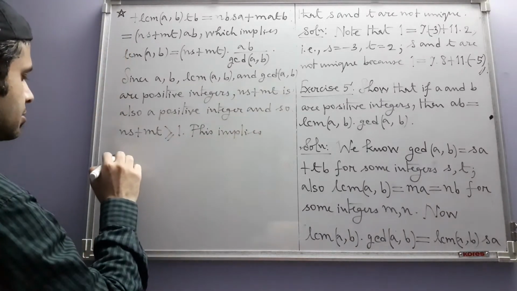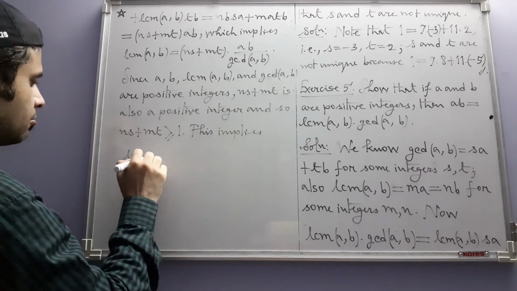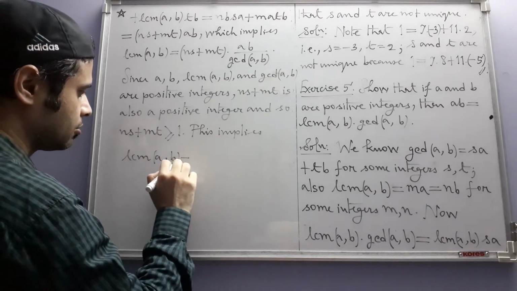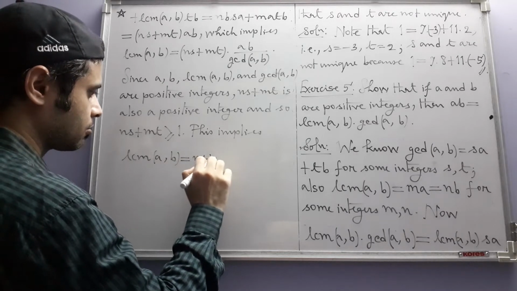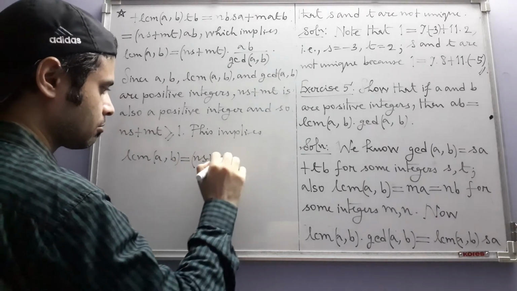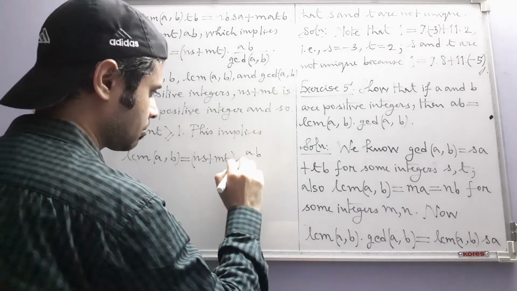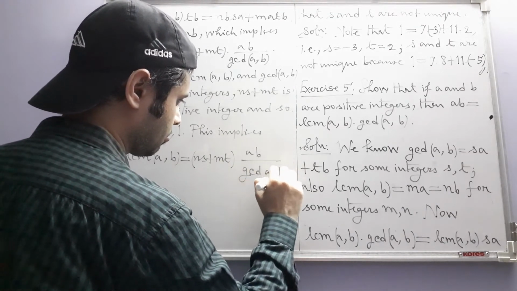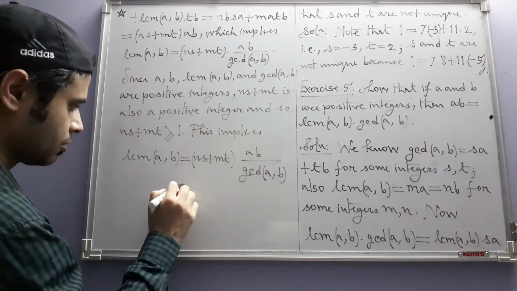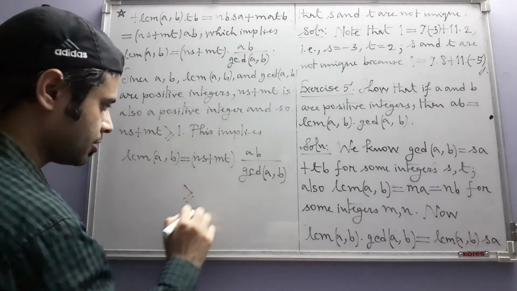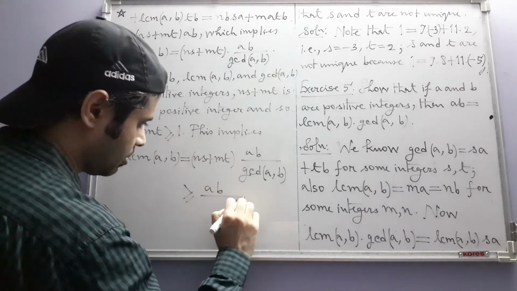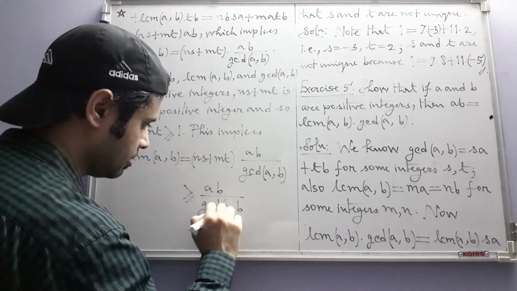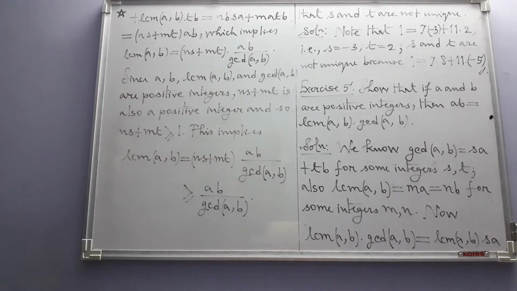This implies LCM of a comma b is greater than or equal to ab divided by GCD of a comma b.